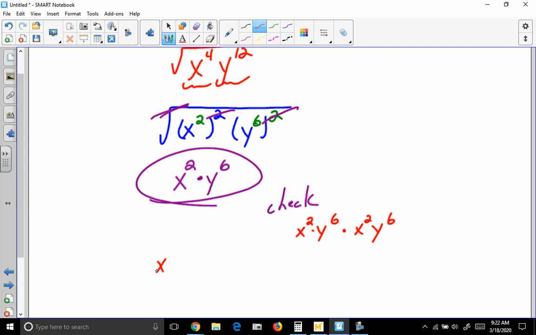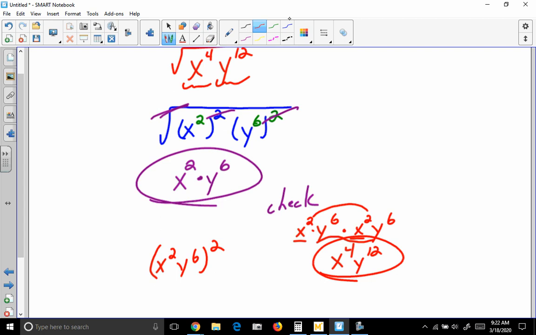You can write it as x squared y to the 6th to the second power. That would actually be shorter. If we do it the first way, we're multiplying and these bases are the same, so we add those exponents. 2 plus 2 is 4. 6 plus 6 is 12. That's what we started with.